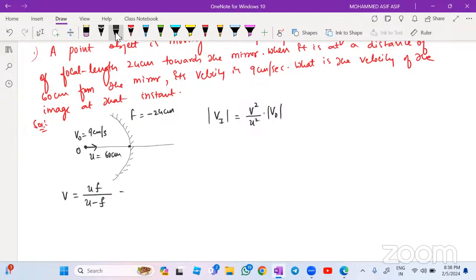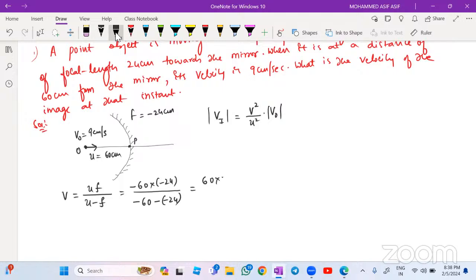Sign convention: all the distances are to be measured from the pole of the mirror. So object distance is minus 60, into focal length minus 24, divided by object distance minus 60 minus focal length minus 24. Done, beta? Minus minus will be plus.